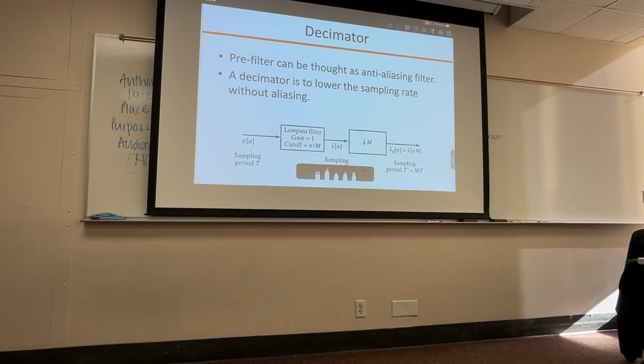The pre-filter you can think of as an anti-aliasing filter. So that's the decimator: you filter and then you downsample.